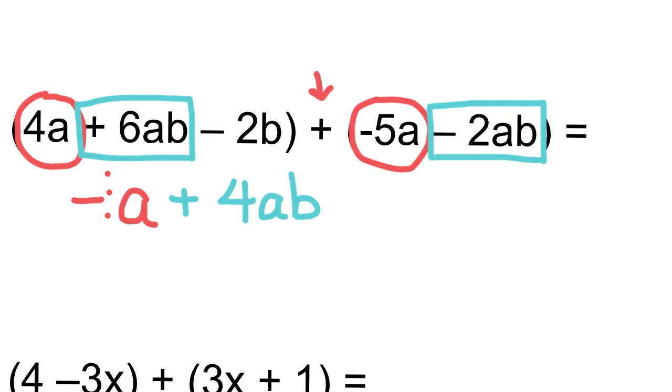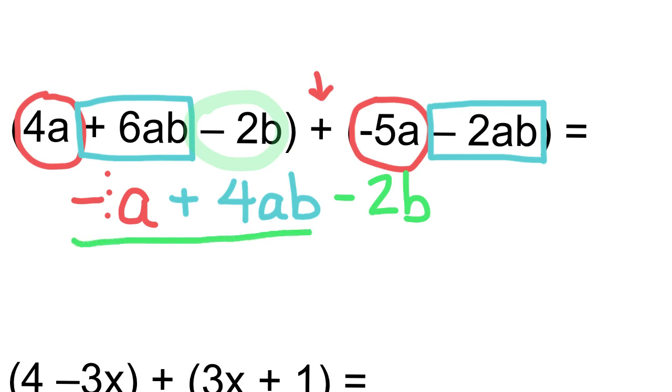Finally, we have negative 2b. There are no like terms like that, so it will simply stay the same. Then we go back. Always look for like terms. Are there any more like terms? No, there are not, so that is our final answer.